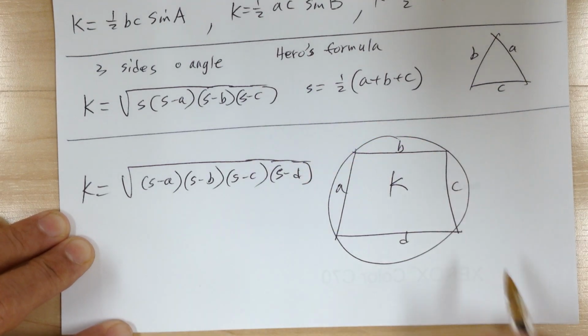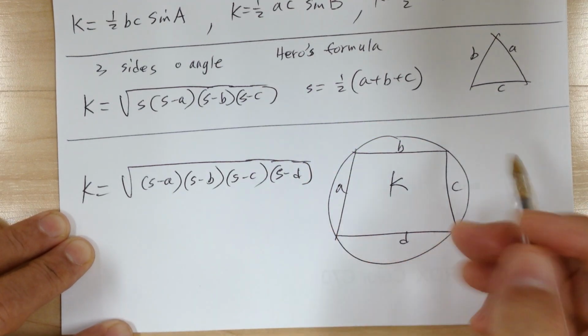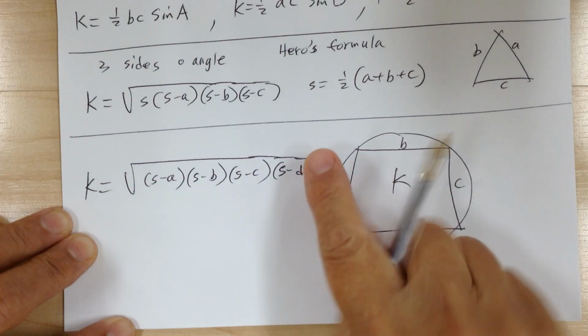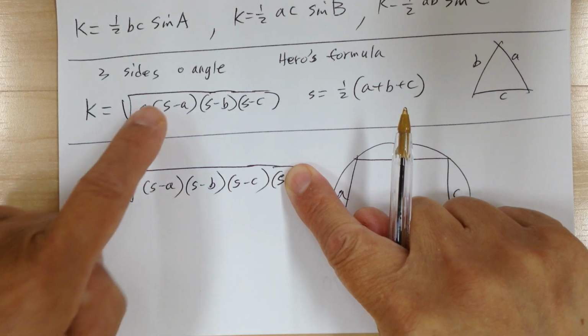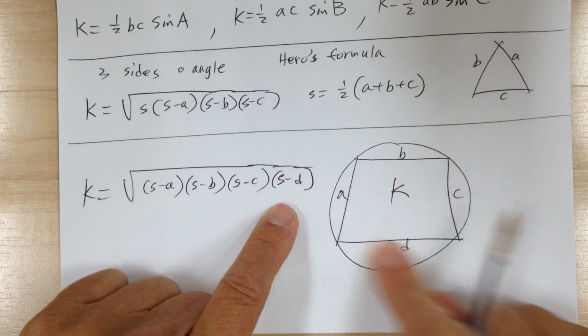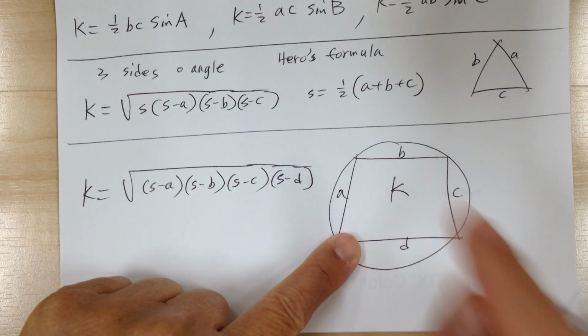But when D becomes 0, this becomes this. So this is a special case of this. When D equals 0, the quadrilateral becomes a triangle, right?